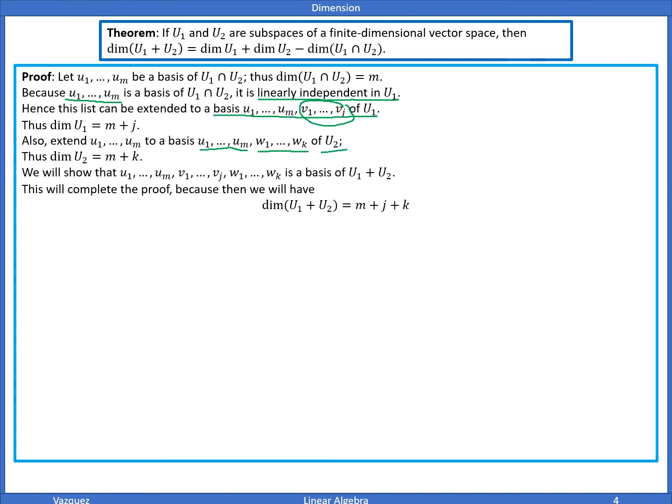And as it says here, it'll complete the proof because we'll have that the dimension of U1 plus U2 is equal to M plus J plus K, which is equal to M plus J plus M plus K minus M. Right, so now that's just the same thing as dimension of U1 plus dimension of U2 minus the dimension of their intersection.